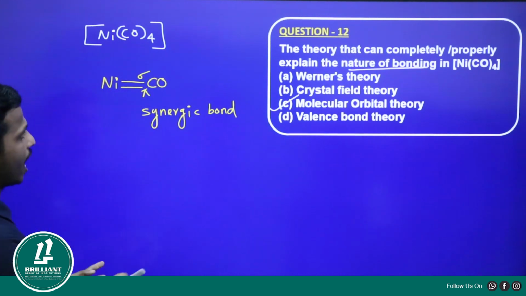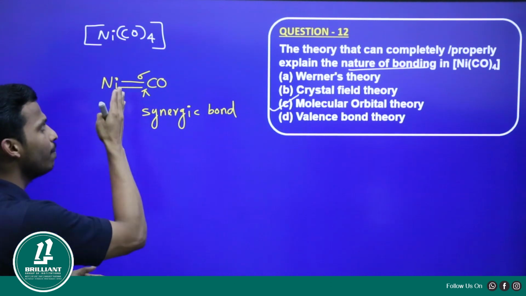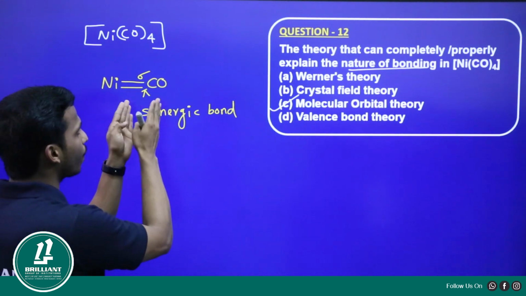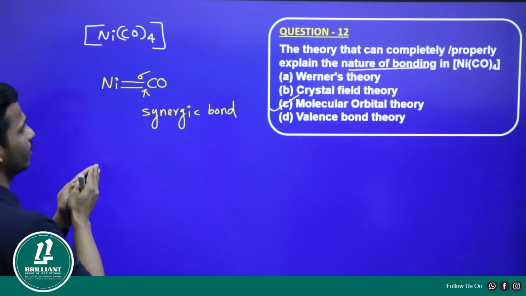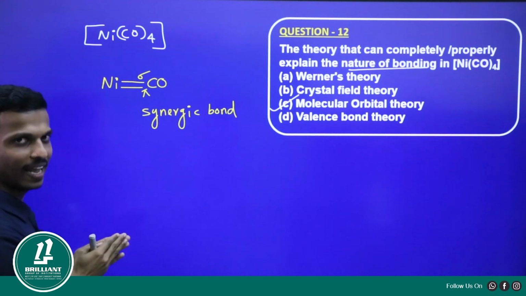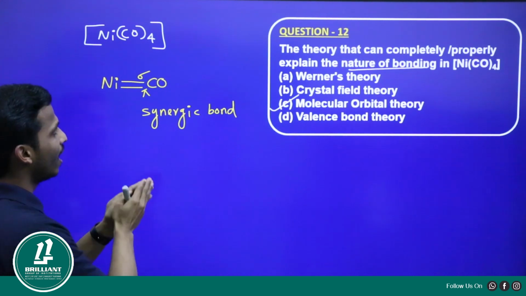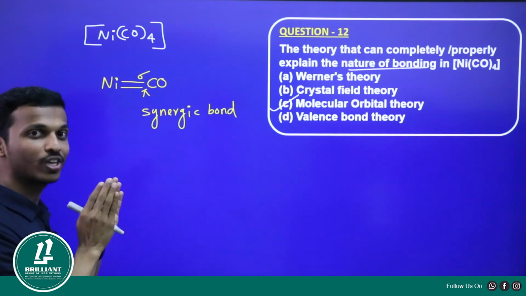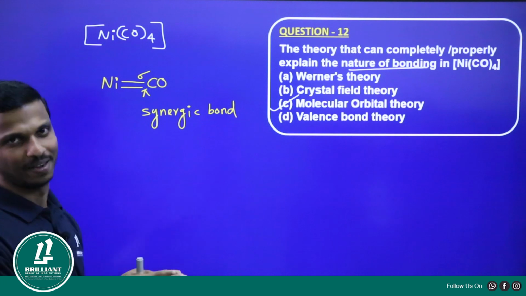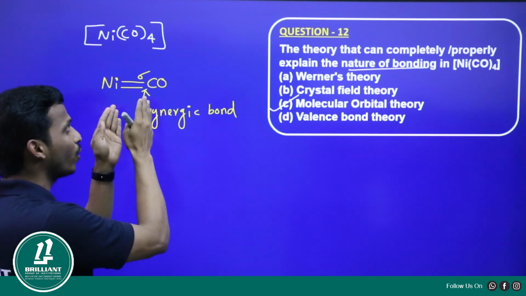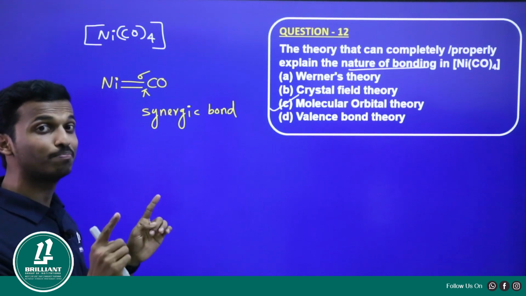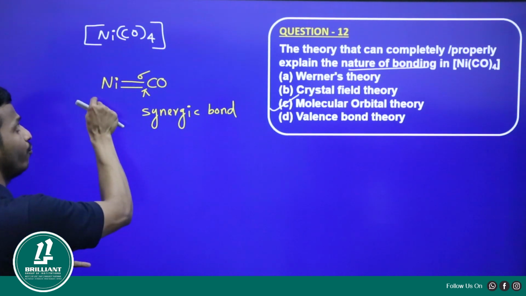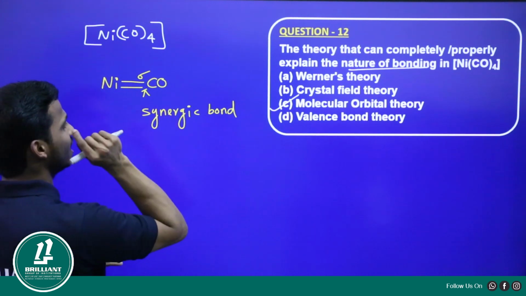And how is the pi bond forming? The pi bond is formed by the overlap between the empty orbital of the ligand with the filled orbital of the metal. According to molecular orbital theory, the carbonyl ligand contains empty anti-bonding pi star orbitals, which overlap with the filled orbital of the metal and form the synergic bond.